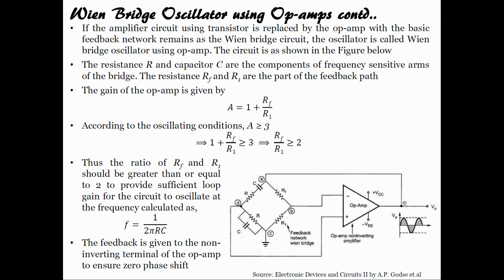So, this is about this particular module, and we have seen how the oscillators can be designed, as well as how the filters can be designed, right. In the next module, which is the last module, for the summary, we will understand how we can implement these things in practical applications.